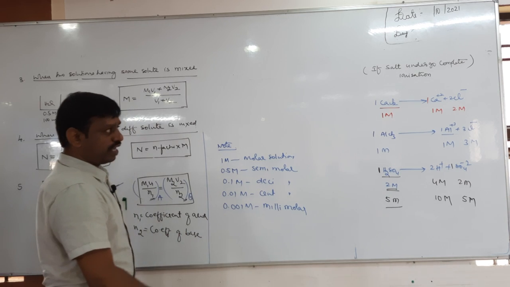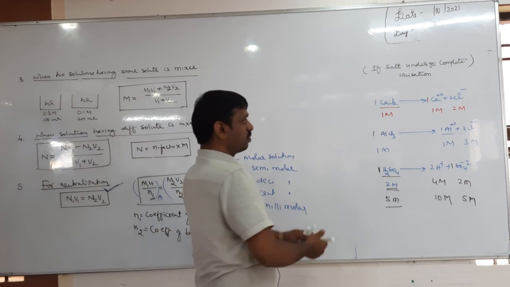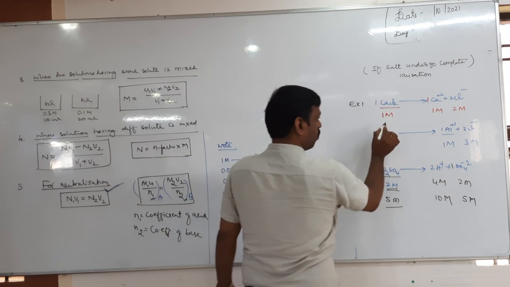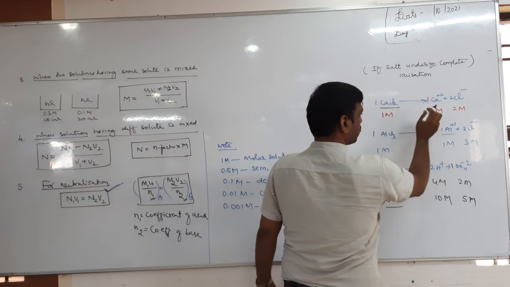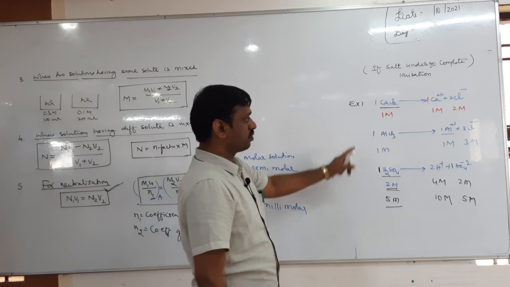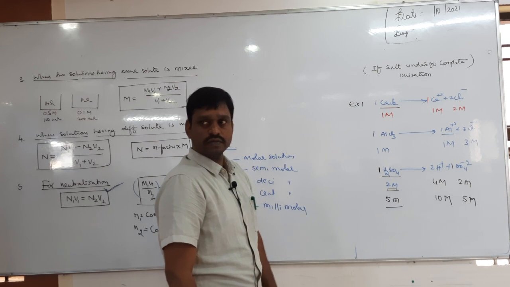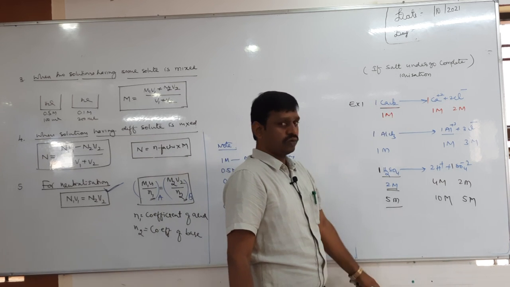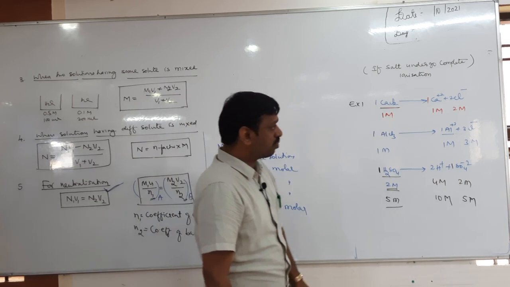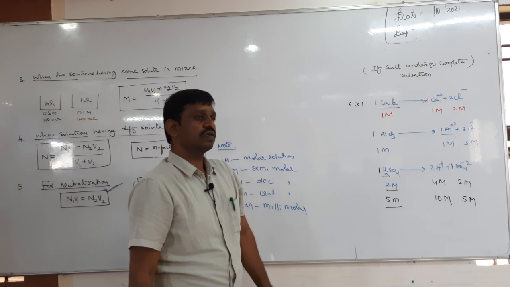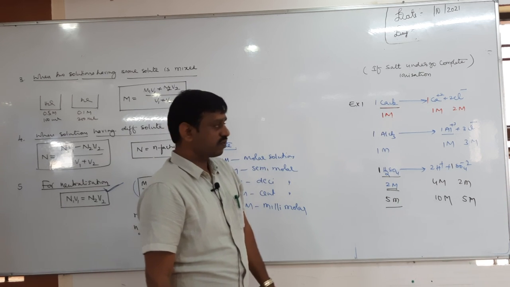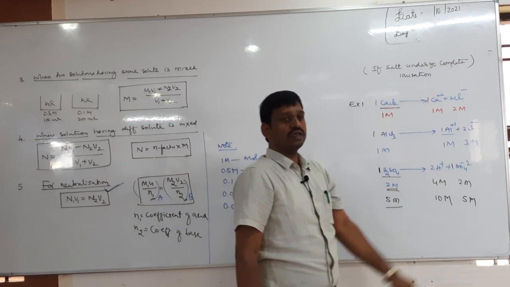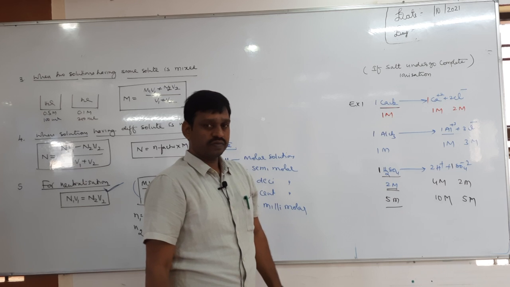If it undergoes partial ionization, this concept is not applicable. Okay, example 1. You take 1 molar calcium chloride, which gives rise to how many molar calcium ion and how many molar chloride ions? 1 molar Ca2+ ion, 2 molar Cl minus ions.